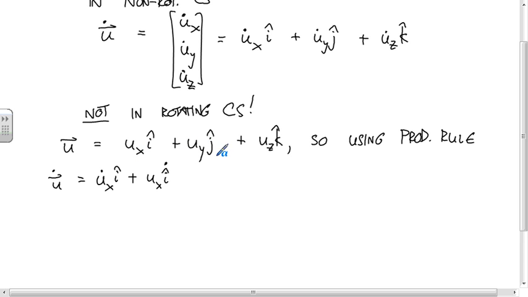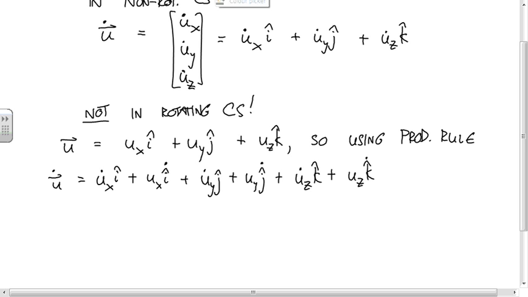And the derivative of the second term is uy dot times j plus uy times j dot. And the derivative of the k term, uz dot times k plus uz times k dot.